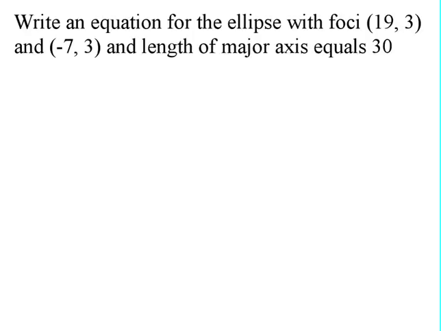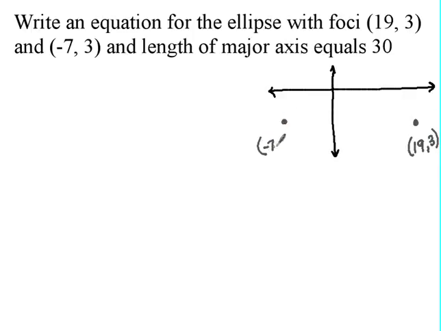Okay, biggest thing you need to remember here is draw a quick sketch. So I'm going to go ahead and draw a quick sketch for the (19, 3) and the (-7, 3). Very first I've got (19, 3), which is right here, and then I've got (-7, 3). Remember, it doesn't have to be perfect.